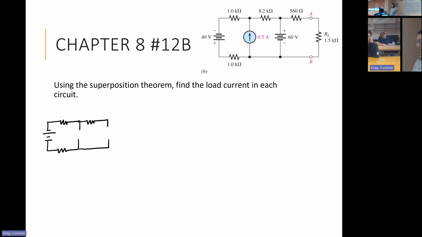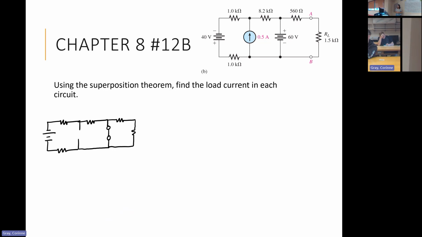We're replacing it with an ideal wire, which the textbook is going to refer to as a short. You can draw it this way if you want to, or you can draw it as a straight line. Like I said, I don't care. And then we're going to draw the last little bit here.